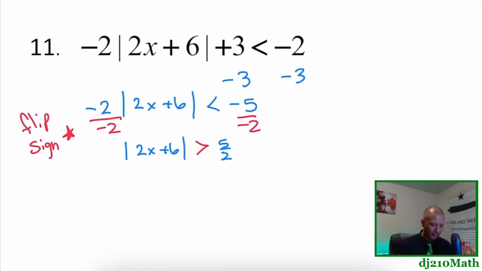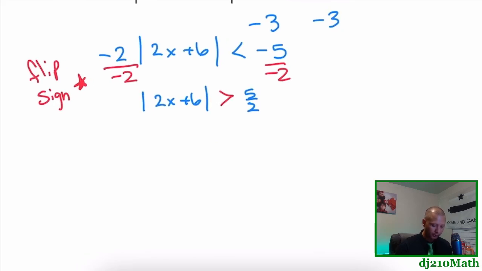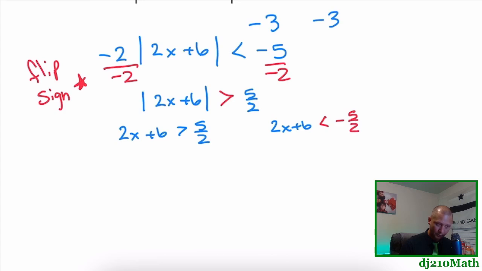Right, negative divided by negative is a positive. Okay, it's isolated, and the solution is by itself. It's positive. So we're going to split this in 2. 2x plus 6 greater than 5/2. 2x plus 6 less than -5 over 2.